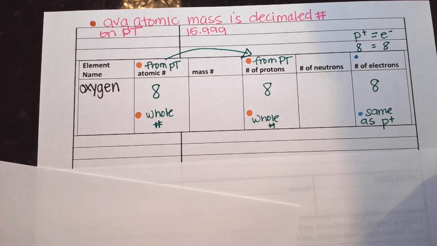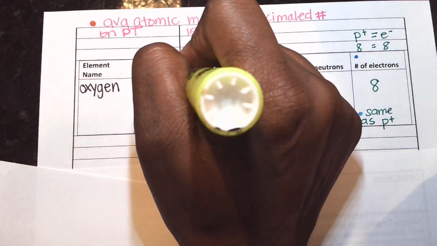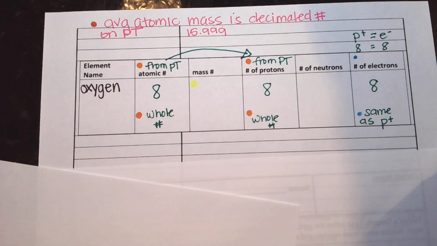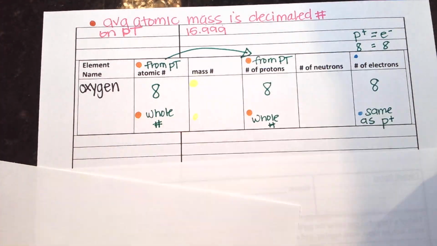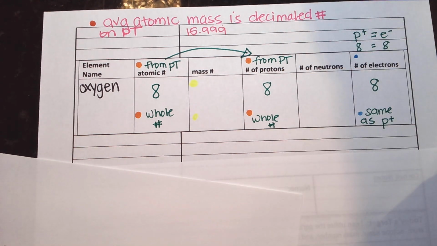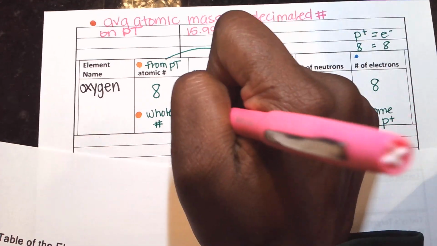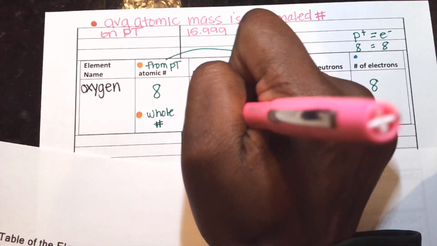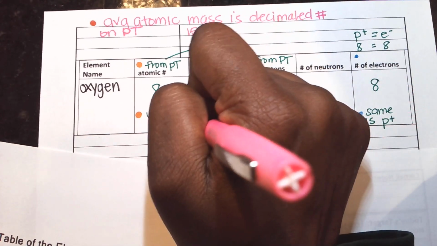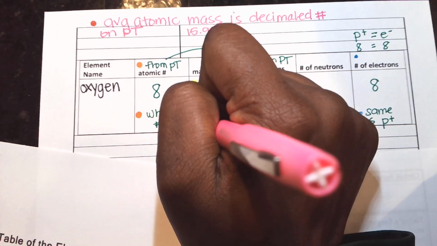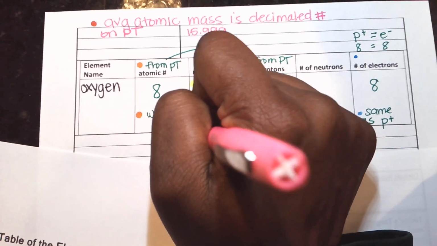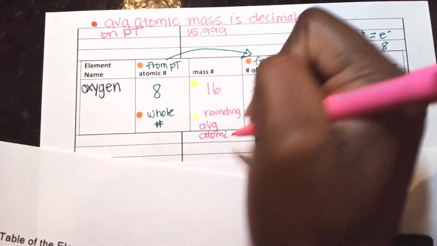So this number is going to be 16, and it's found by rounding the average atomic mass.